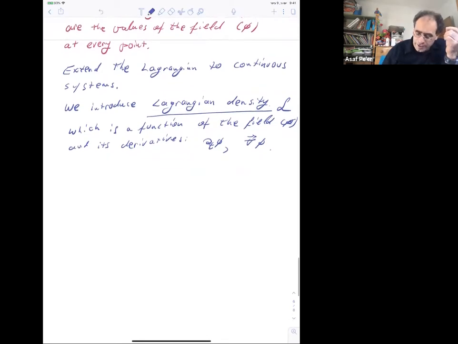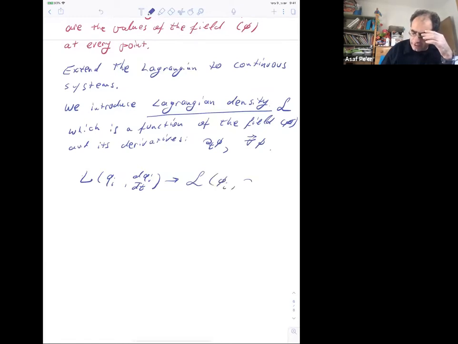So this change is from L, which is a function of Qi and dQi over dt, to the Lagrangian density, which is a function of the field phi and d mu phi.